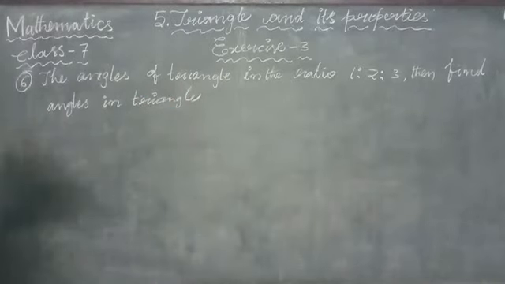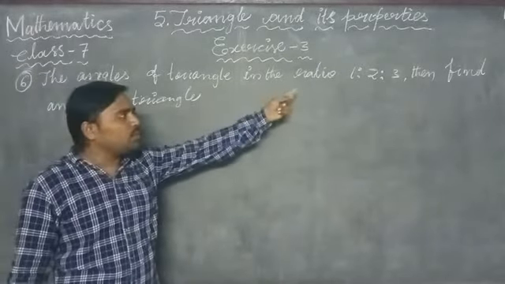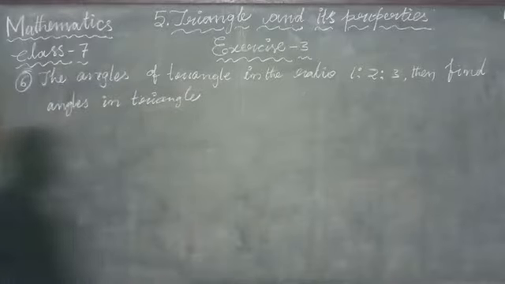Okay, this is the given problem. Once again, the angles of a triangle are in the ratio 1:2:3, then find the angles of the triangle.